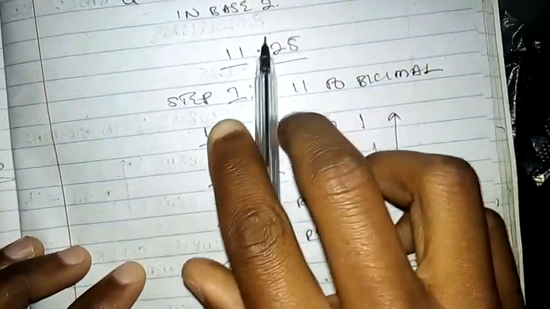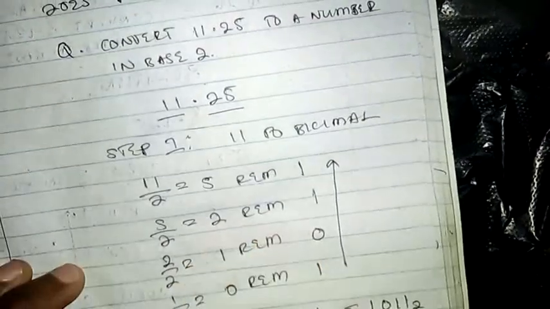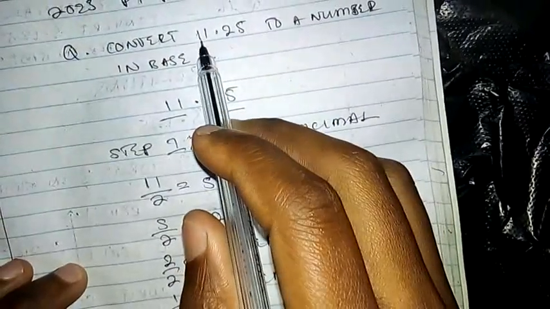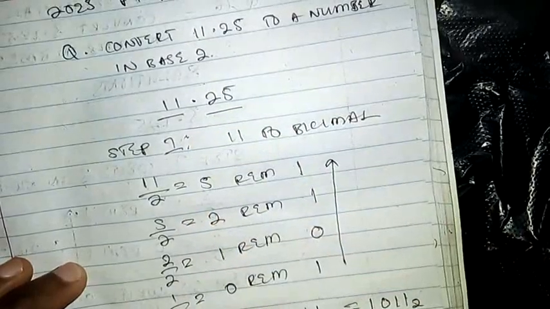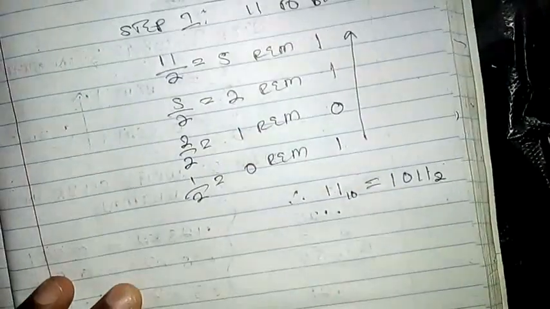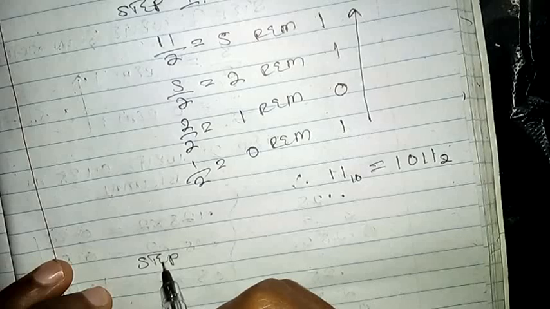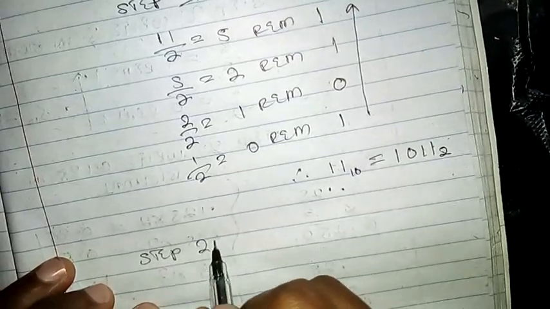Now remaining is to convert 0.25 into base 2. We're done with step 1, which is converting 11 into base 2. Now let us convert 0.25 into base 2. This is step 2.